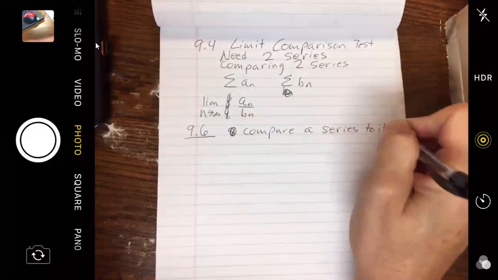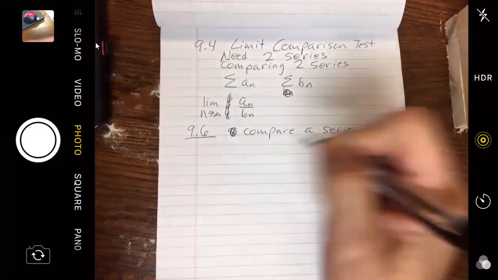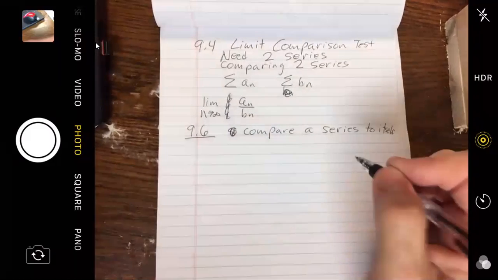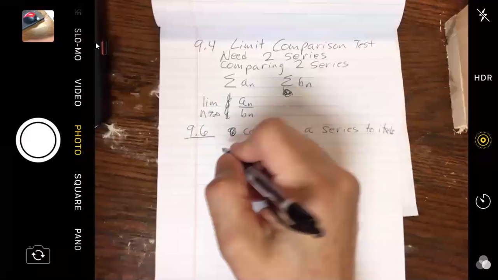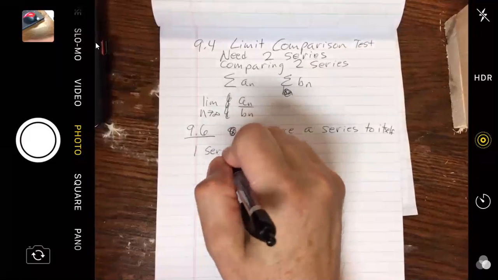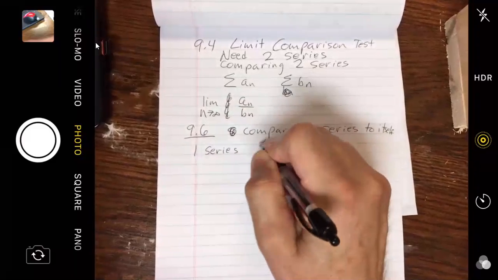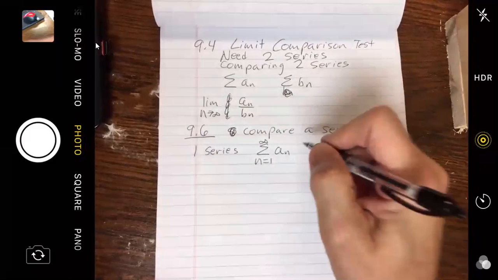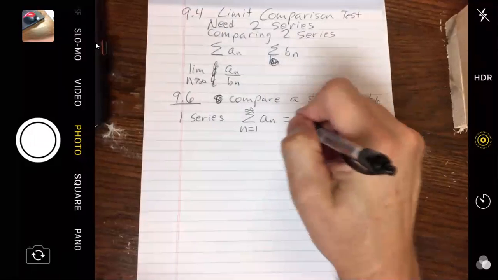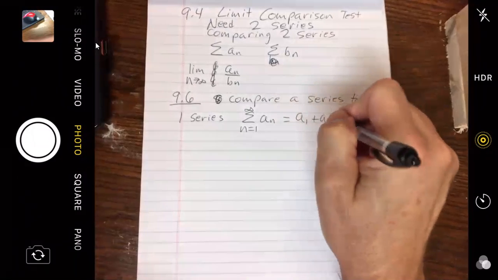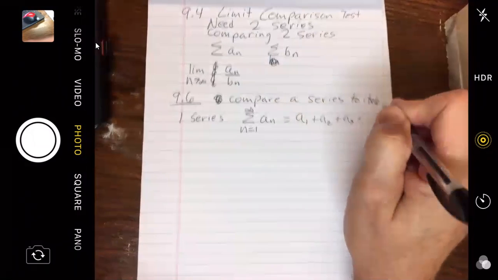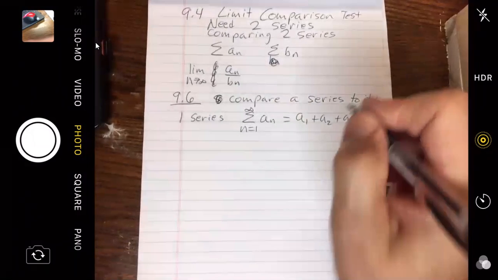Could we draw a conclusion about whether it converged or diverged? So we use one series, the sum of a_n, n equals 1 to infinity. If you write it out, you get a_1 plus a_2 plus a_3, and so on.